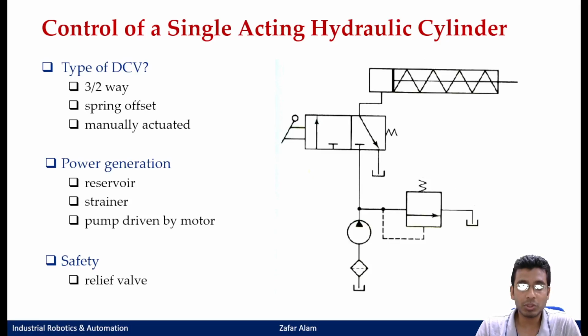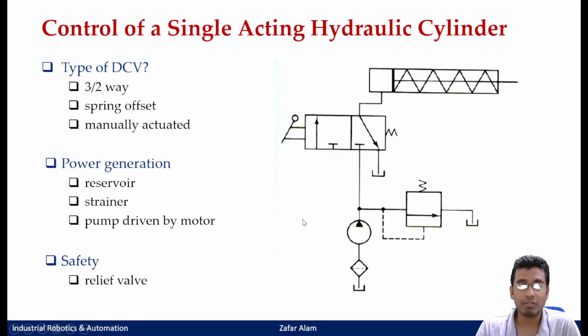Now you see in the default position, this port is blocked, right? If this port is blocked, your pump would still be running and there is no flow of liquid. That means in this line of your circuit, pressure would start building. As the name says, it is a relief valve.